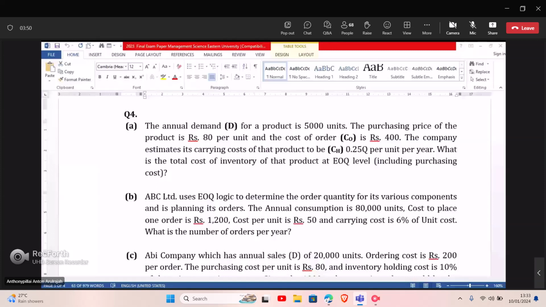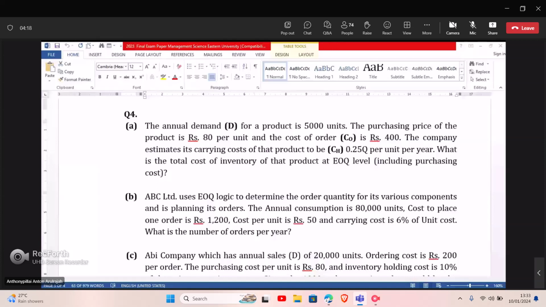D is equal to 5,000, V is equal to price, 8 rupees. What is this?